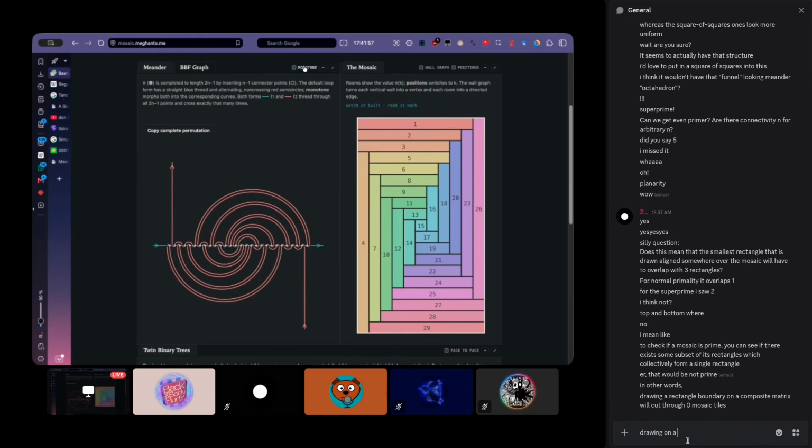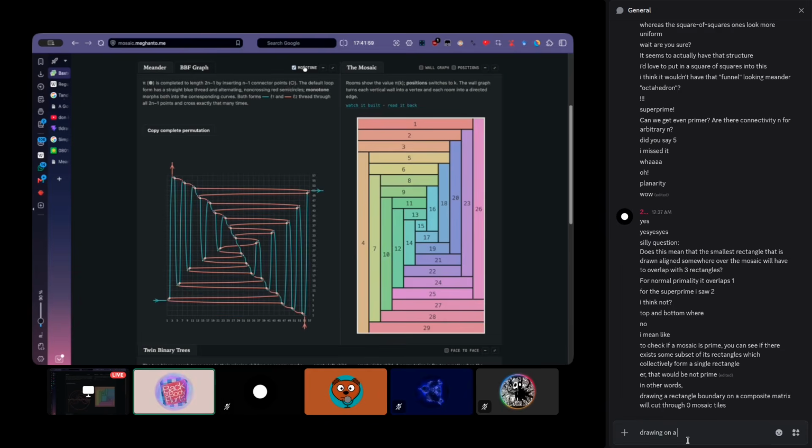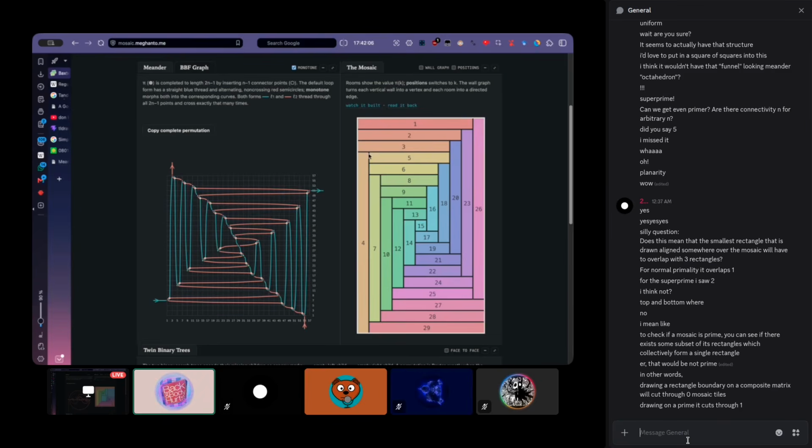Drawing a rectangle boundary on a composite matrix will cut through 0. I see. Okay, so if I want to draw a rectangle boundary, I will at minimum cut through 3 rectangle tiles. I have to.